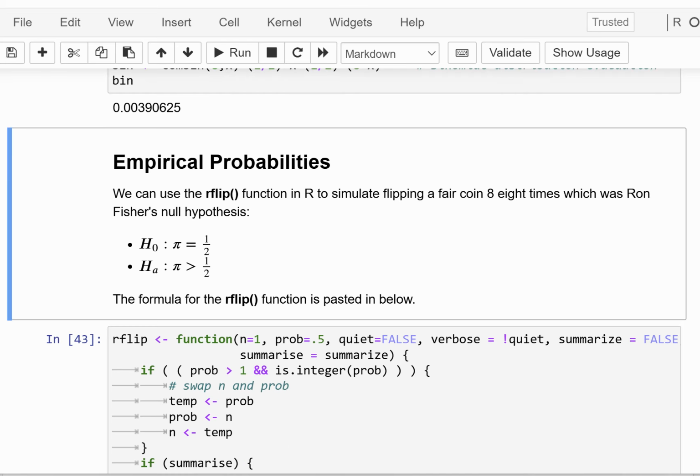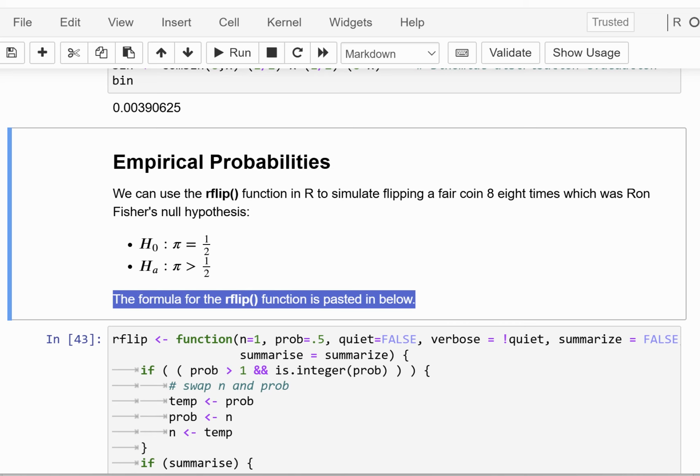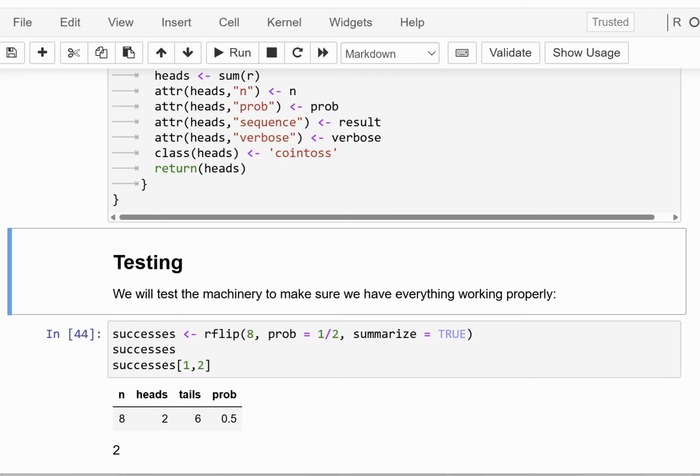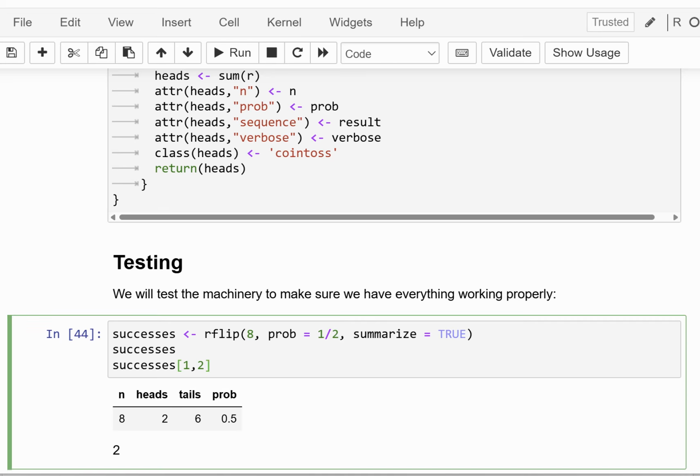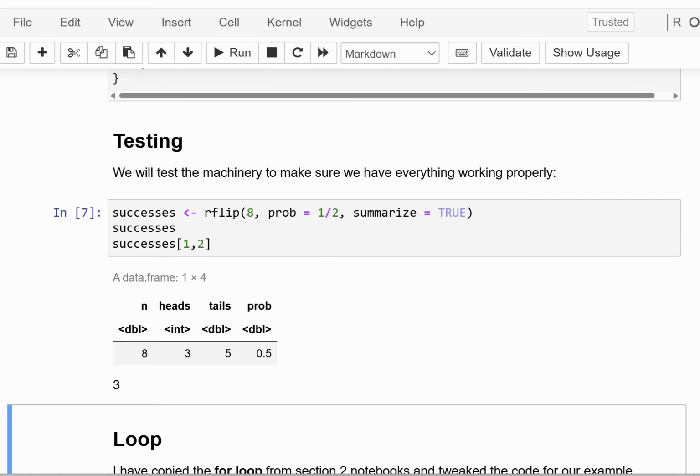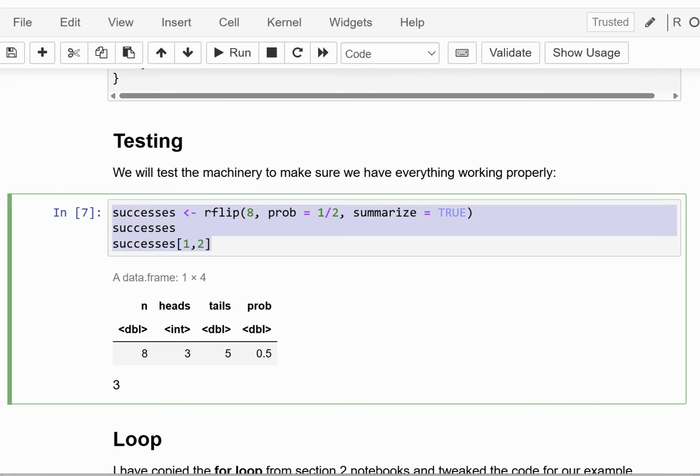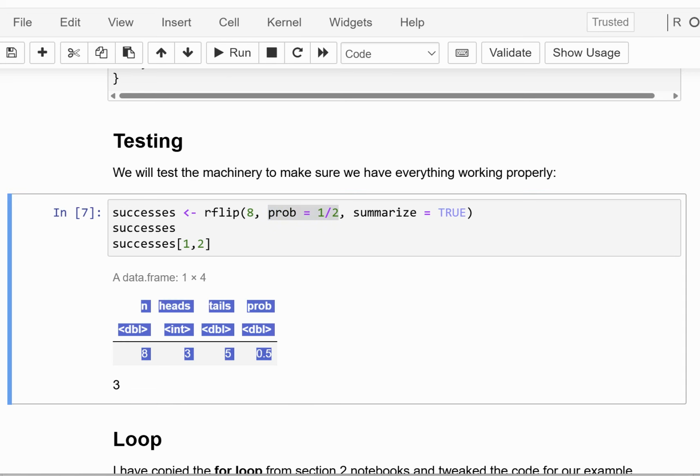Okay, so we can do this empirically as well. If we have this rflip formula, as you recall, what do we have? I have some code in here for you so you can see, right, that we do rflip. Okay, probability of half. This summarize equals true gives me this nice table with the number of heads, the number of tails, right?